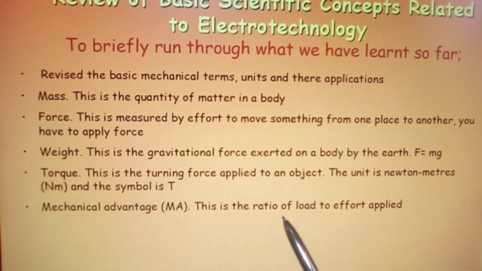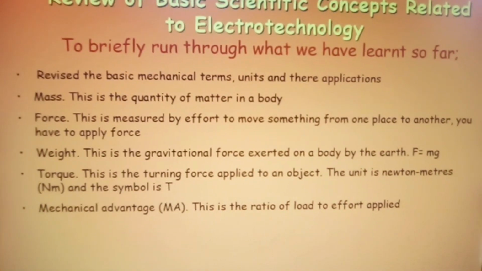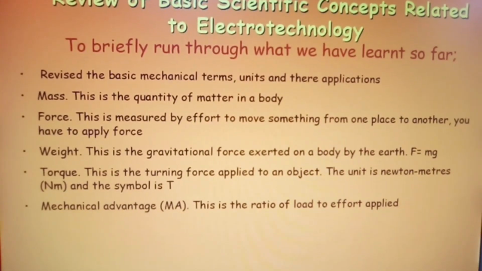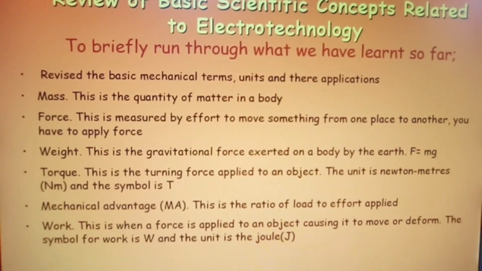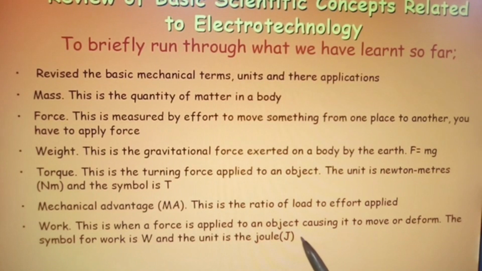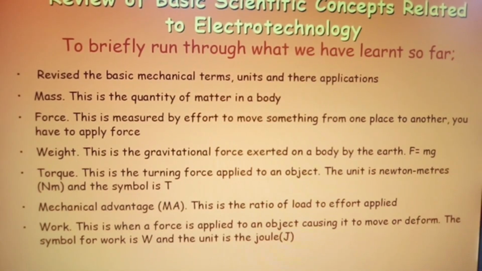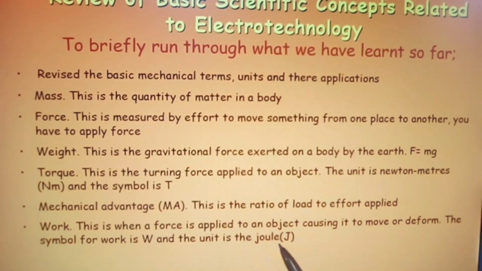This is the ratio of load to effort applied. Okay? That's a ratio. Okay? Work. This is when a force is applied to an object, causing it to move or deform. The symbol for work is W, and the unit is the joule, J.